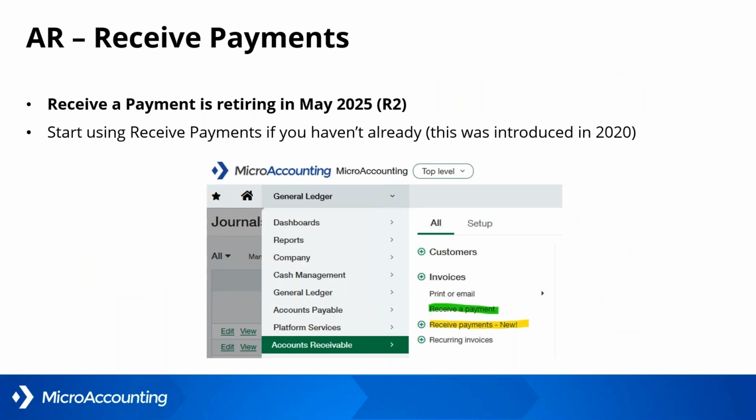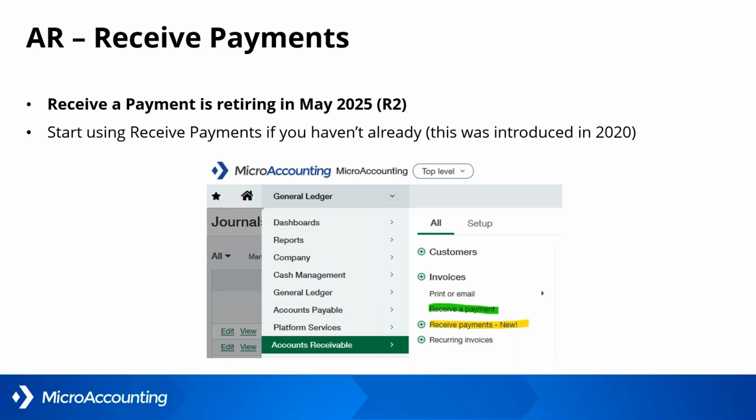Okay. This one is just a notice. The AR received payments. If you've been on the system for a while now, you have probably seen that there are two AR received payments options.